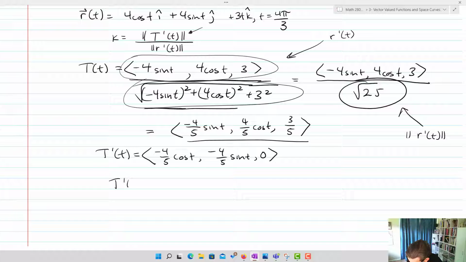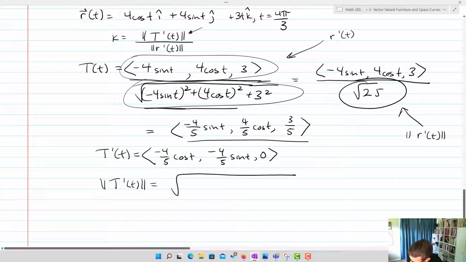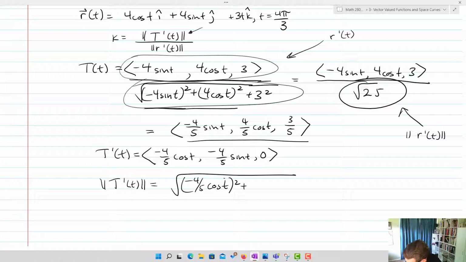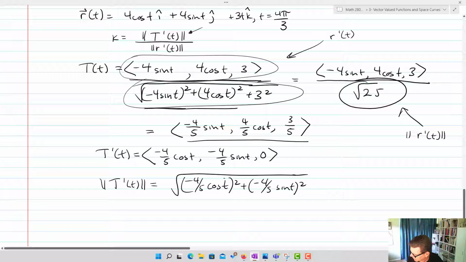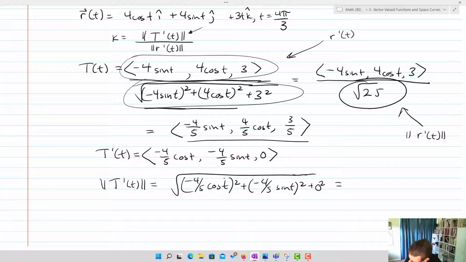So T prime of t in magnitude is going to equal the square root of negative 4/5 cosine t squared plus negative 4/5 sine t squared plus 0 squared. Kind of trivial there. Which will just then end up equaling the square root of 16 over 25, which just equals 4/5, because this is going to be a cosine t squared and a sine t squared.